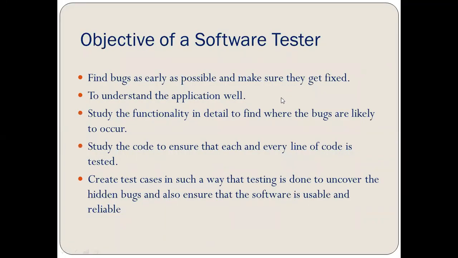Now, what are the objectives of a software tester? When we define the objectives of testing, those are the same objectives of a software tester. The software tester should first of all find the bugs, and he should find them as early as possible so that they can be fixed at an early stage. Why is this so? Because if the bugs are not corrected at an early stage, they will lead to faults and failures at later stages, and that will lead to higher maintenance cost.